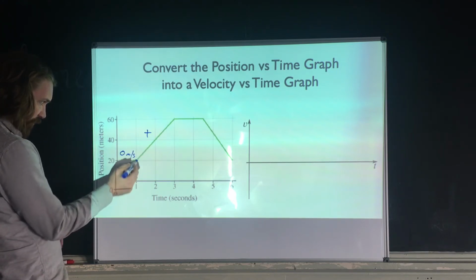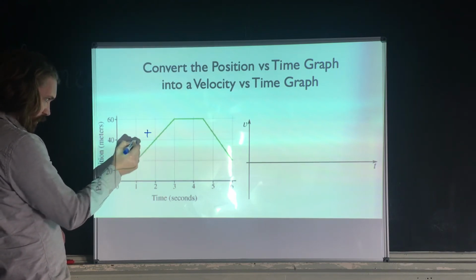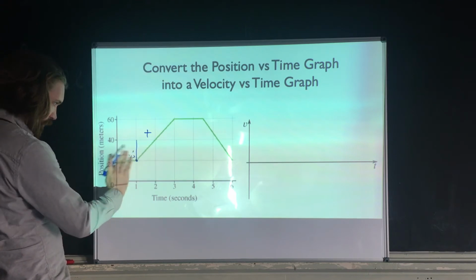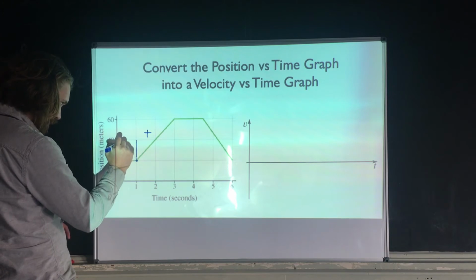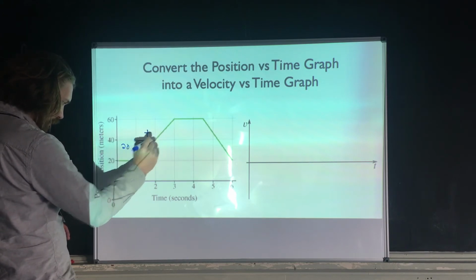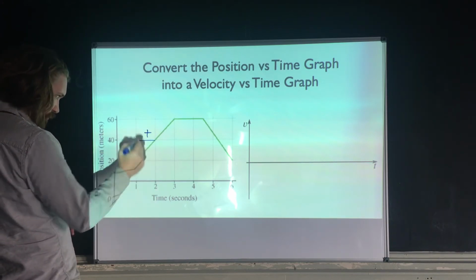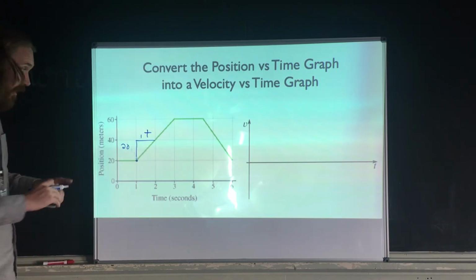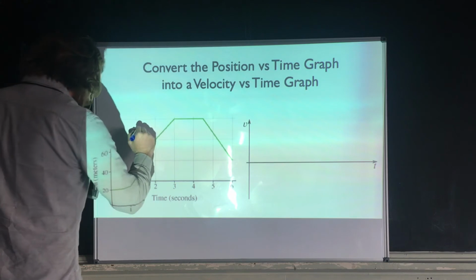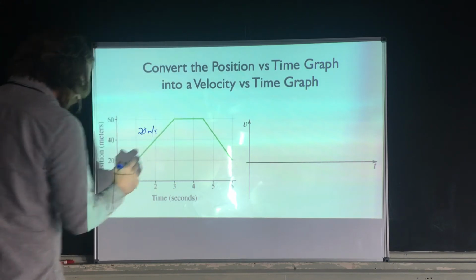We're going to go from 20 up to 40, so our rise is 20. And our run goes from 1 to 2, which is 1 second. Which means our slope of this line is 20 divided by 1. This is positive 20 meters per second.